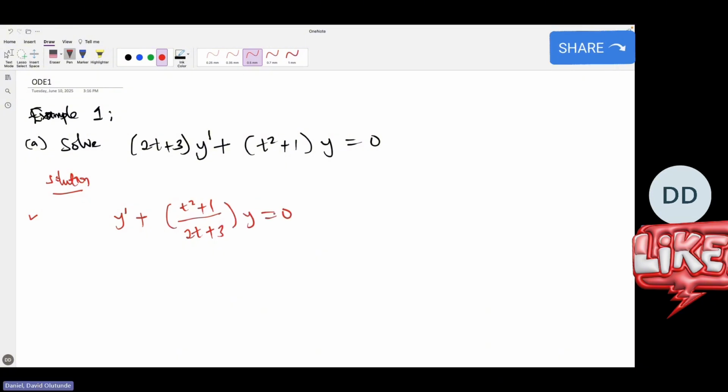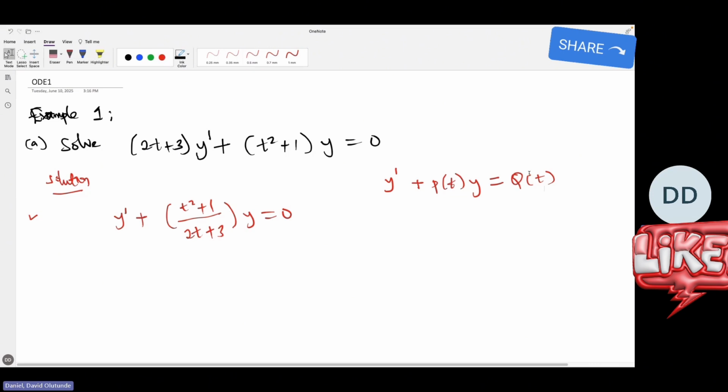Right. And this is because, since it is linear, you know how a linear ODE looks like. It looks like y prime plus p of t times y equals, for this case, you can have q of t. This is an instance of a linear first order ODE.